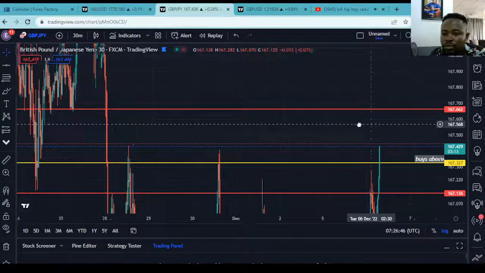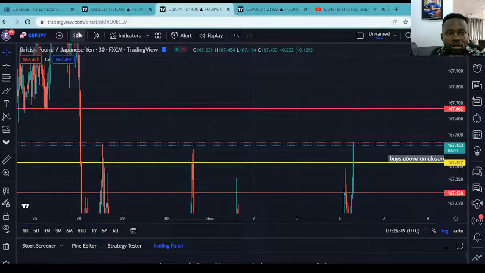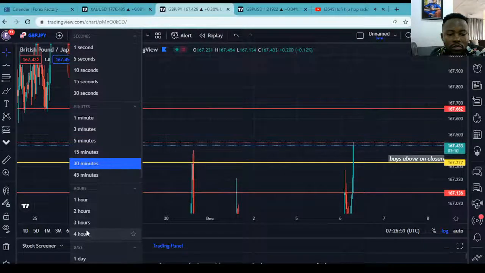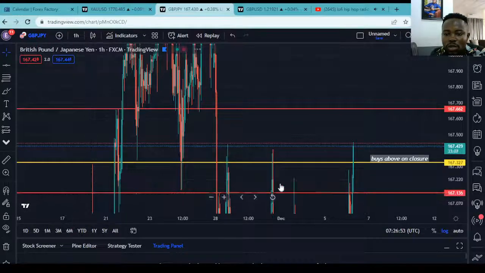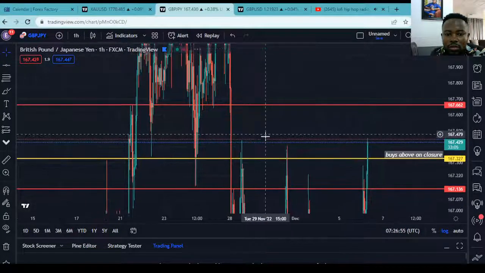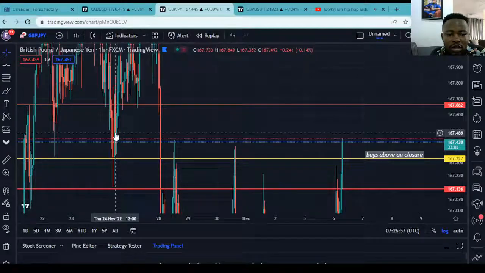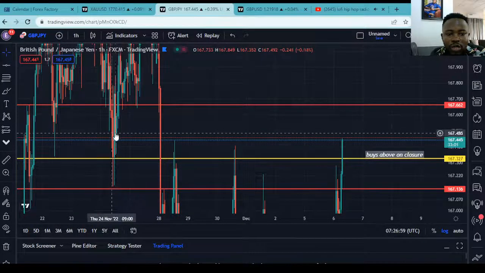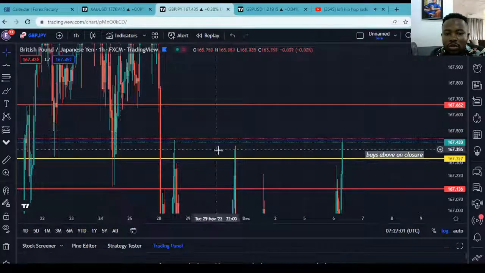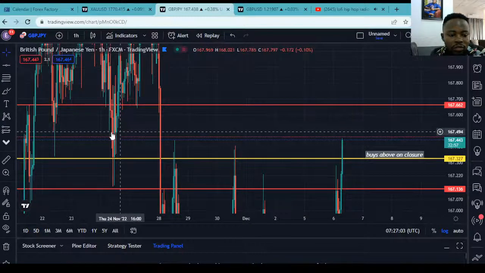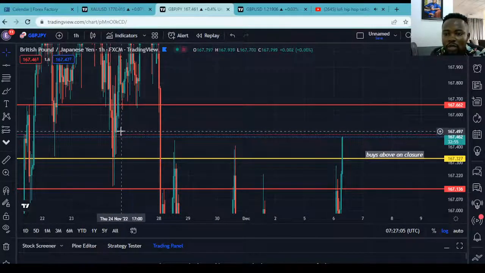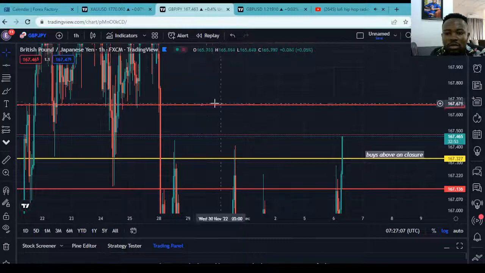So let's see. The 1 hour time frame will have this area here, but I'm expecting volume to break and continue because we've closed above here, so I expect volume from the London session to actually keep pushing price up towards this area here.